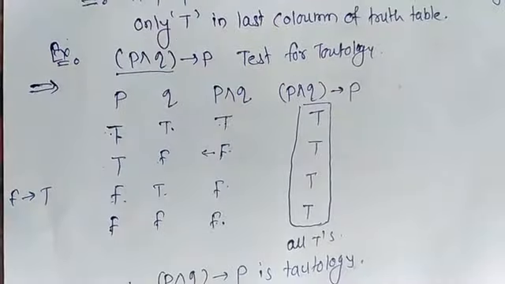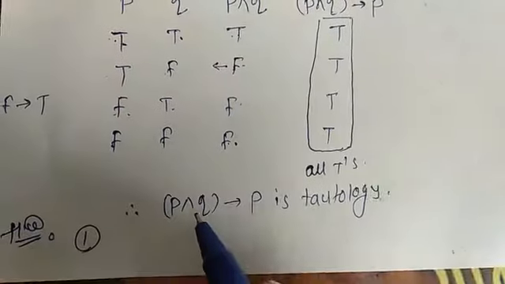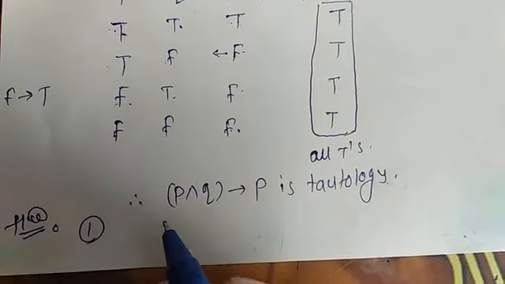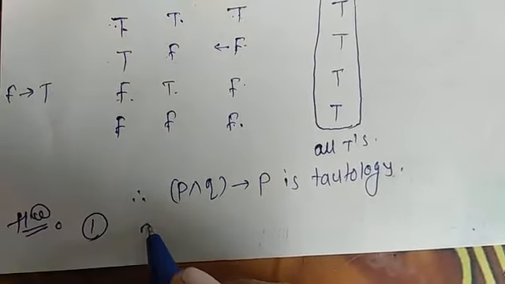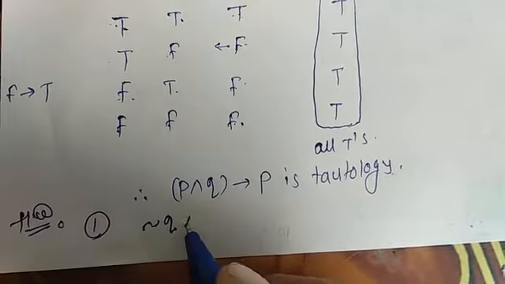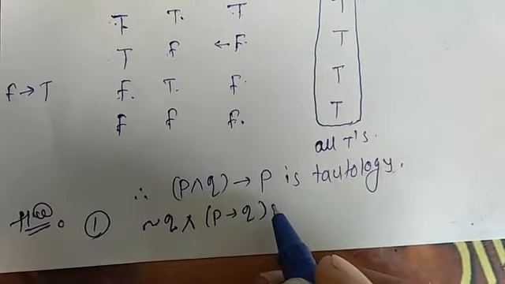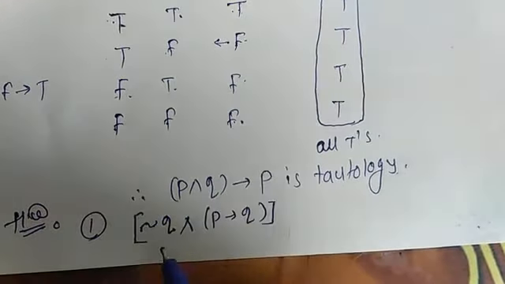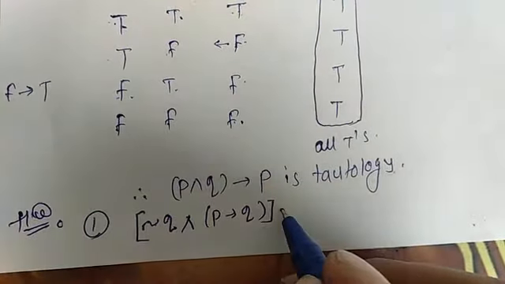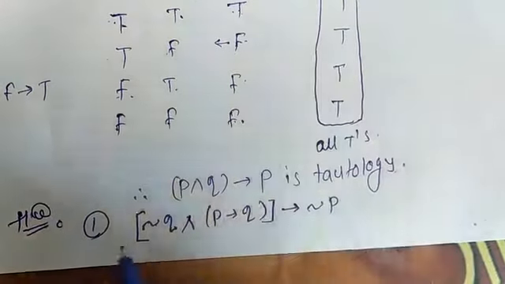Okay, for homework you have to solve the example: negation of Q and P implies Q, bracket complete, this implies negation P, and check for tautology.